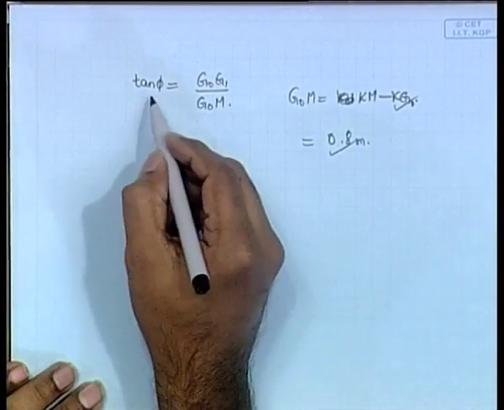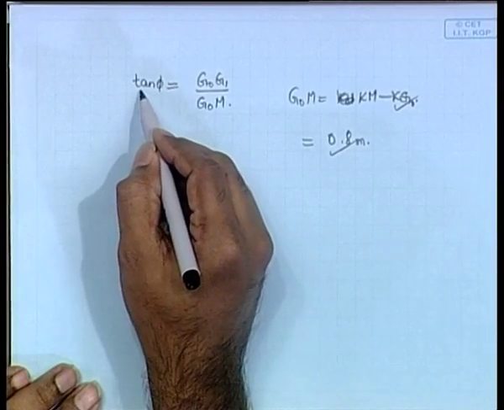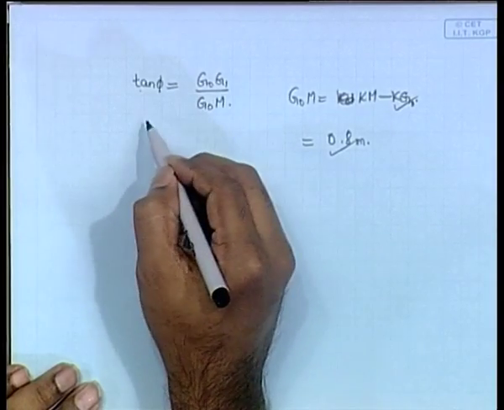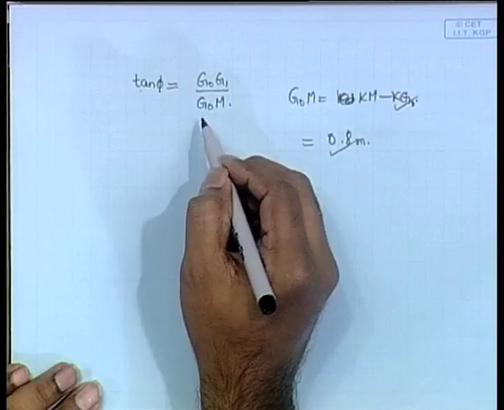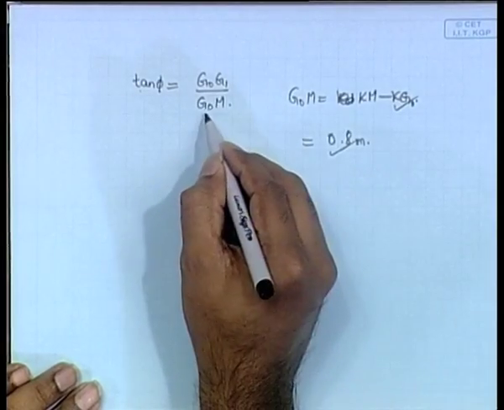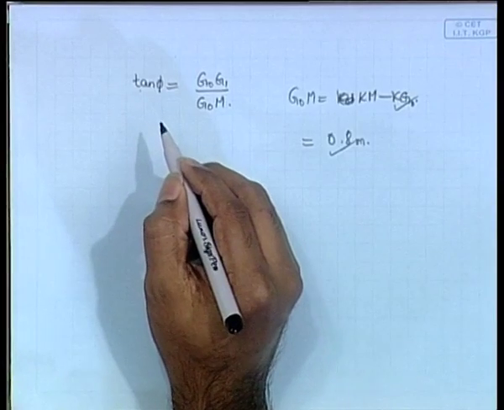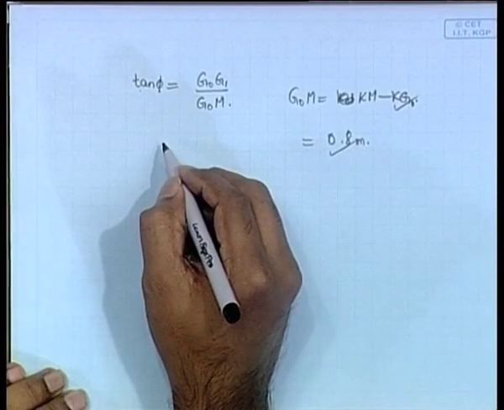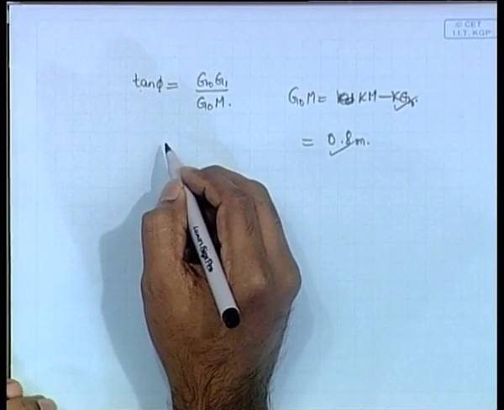Now, we come to this problem, tan phi is equal to G0G1 by G0M, right, now we have derived this. Now, we know G0M, we know tan phi, this is initially, before the loads have been added. So, it is already given that it is a list of 2 degrees to the port side.